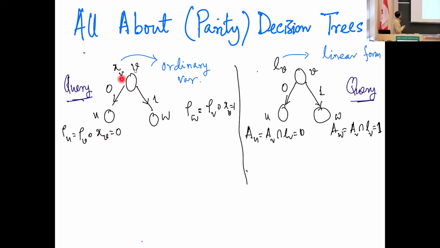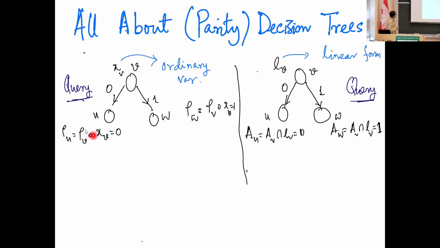Now, at every point, I'll assume that you have a partial assignment. You've been given the input x, but you're only remembering certain parts of x, which I'm maintaining as a partial assignment. So when you query at the node v, then when you descend into u, your partial assignment extends in the following way.